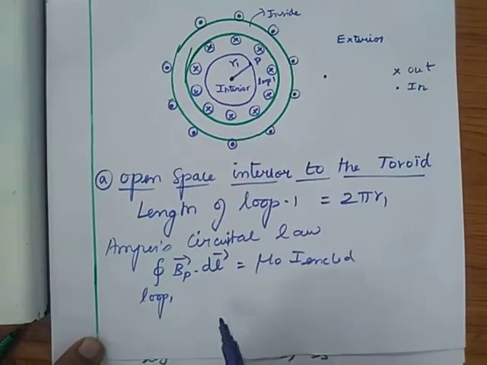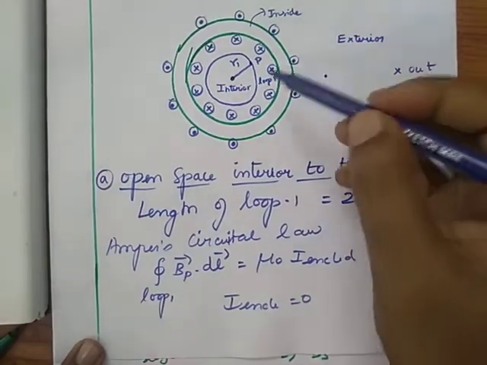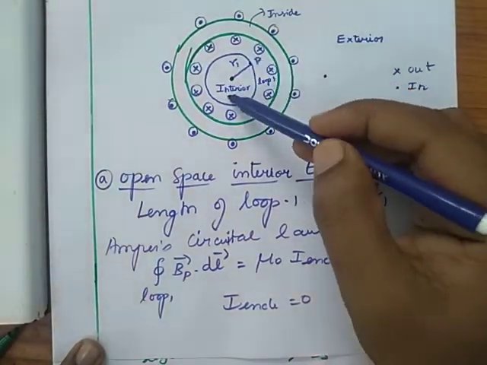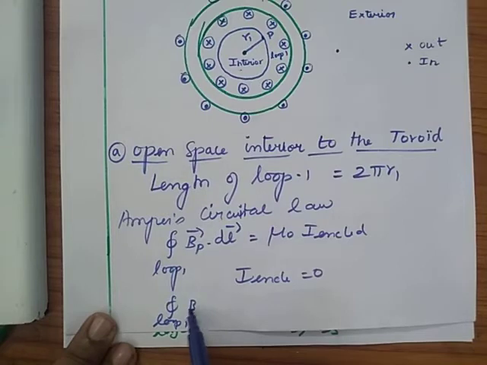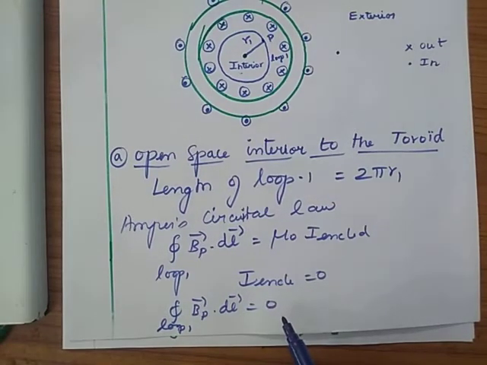Here we know very well I enclosed is 0 because there is no current in loop 1. So we can write this equation as closed integral over loop 1 of B_P vector dot dl vector equals 0. This equation gives the idea that the magnetic field at the point P is 0.